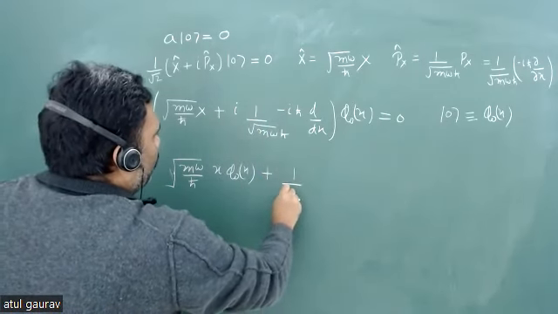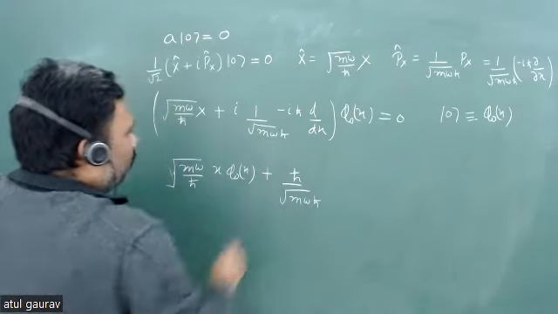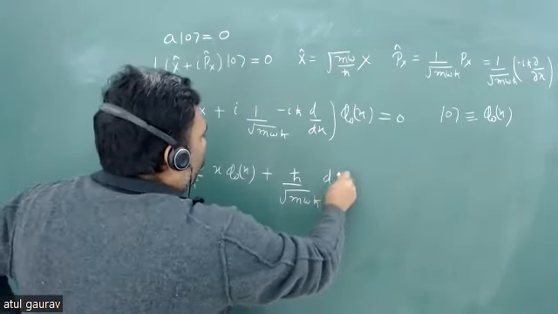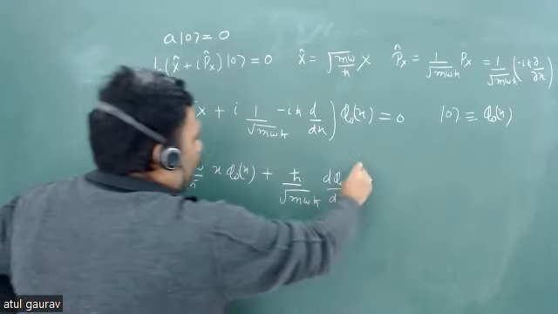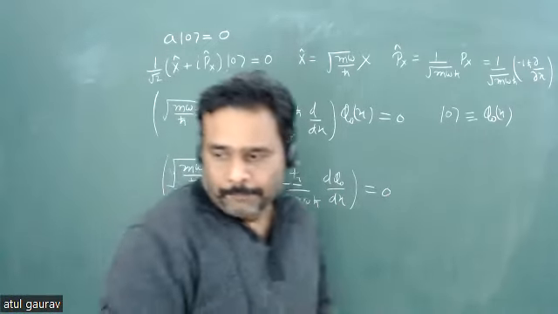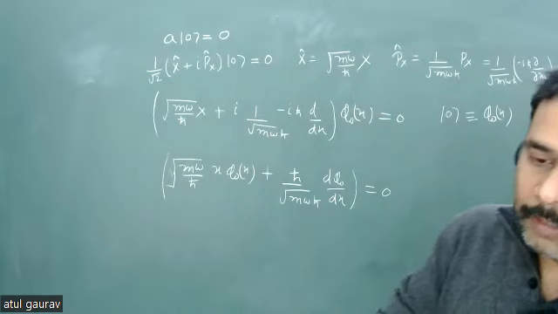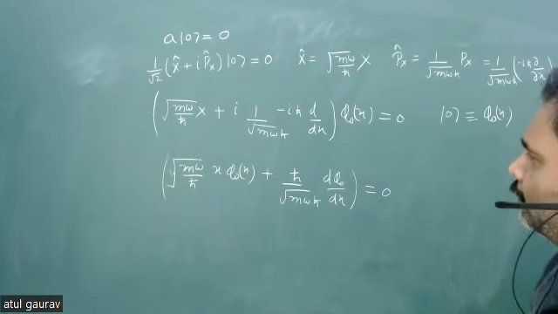You have root under m omega h cut, h cut is also there, and we have d phi naught upon dx, and this is nothing but a first order differential equation. Are you people happy? Yes, sir. This is a first order differential equation.